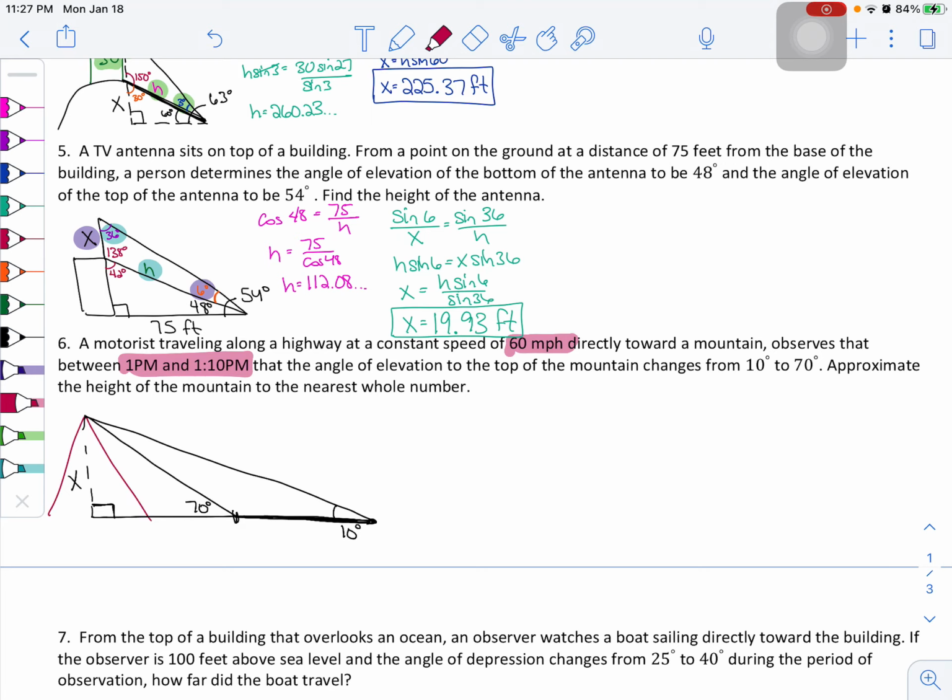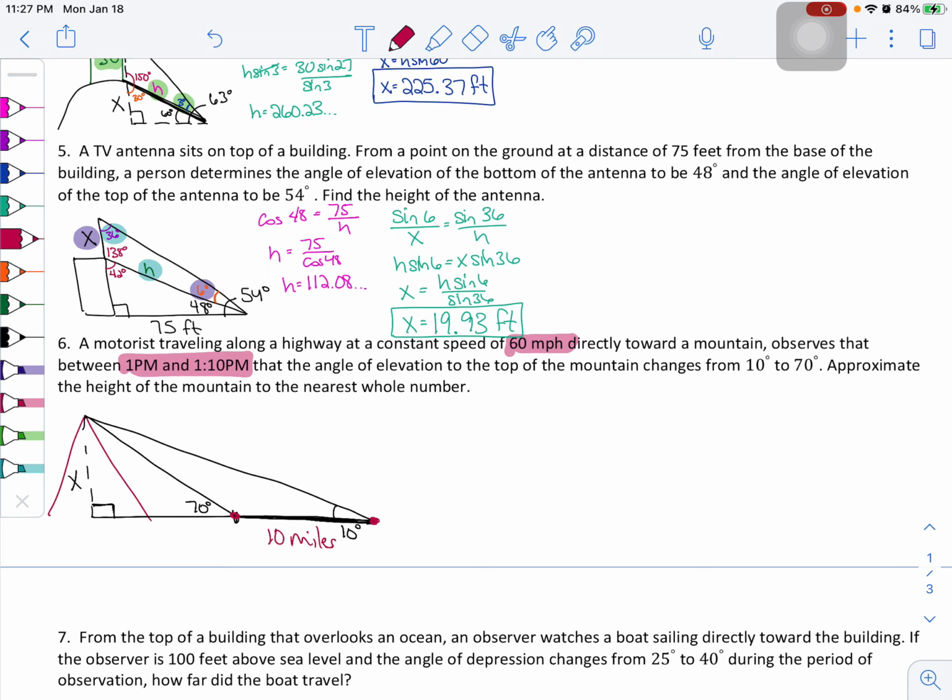So 60 miles per hour, you're moving 1 mile per minute. So if you travel for 10 minutes, this distance from where you initially observed to the new observation is going to be 10 miles.